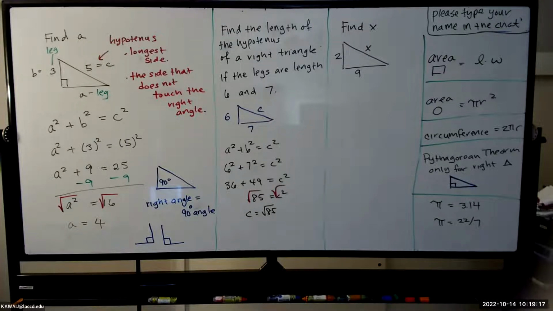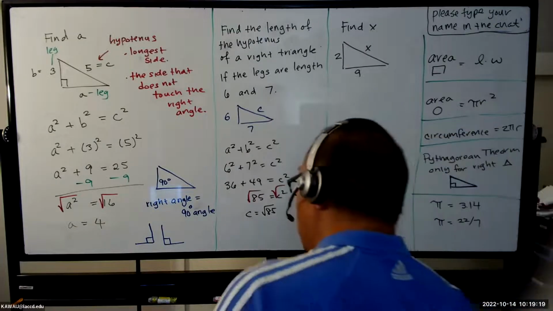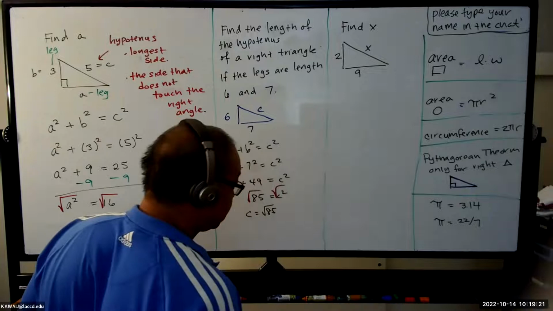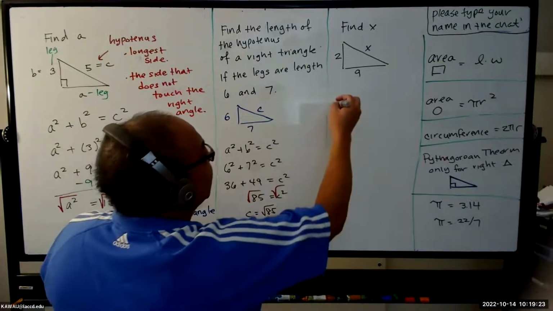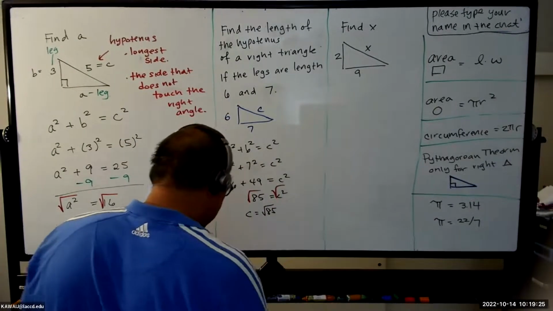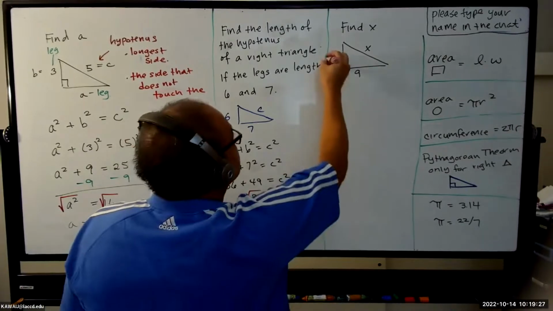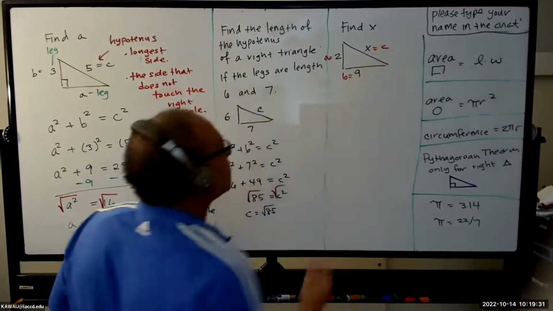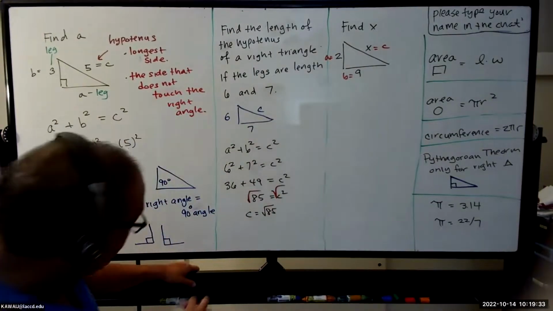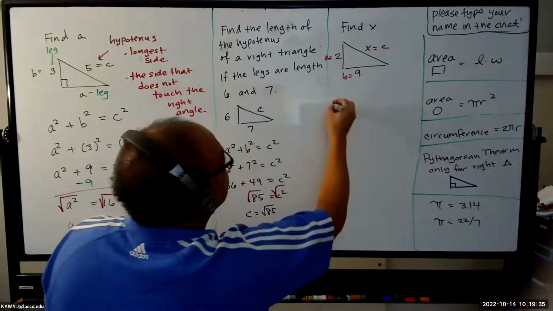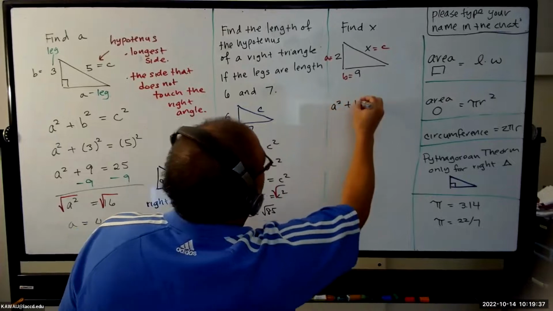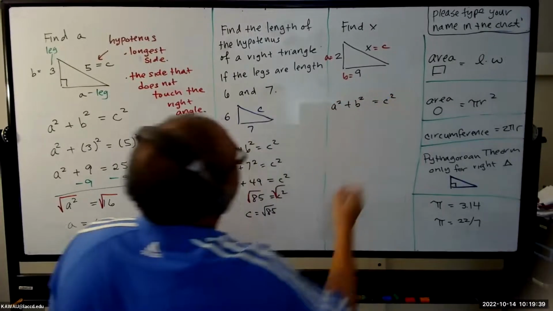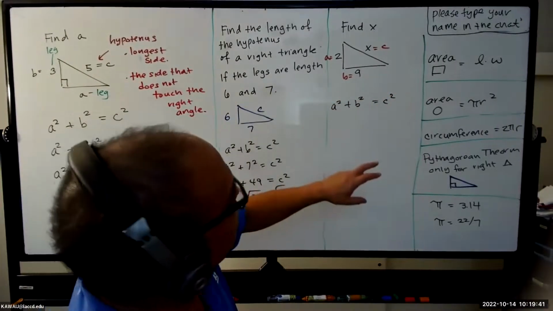Okay, so let's look at this. So we'll make this one A, this one B, and then this one C. Now remember that the formula is A squared plus B squared is equal to C squared. What we don't know, oh, you're right.